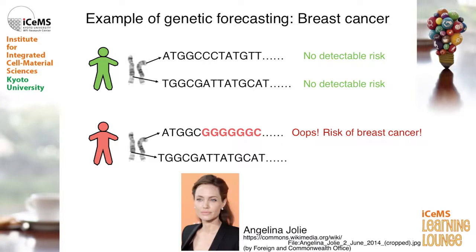And as you probably already know, the famous actress Angelina Jolie actually has this alteration in her DNA, and this made her decide to take the breast removal surgery even before she gets this cancer, just to avoid this risk.